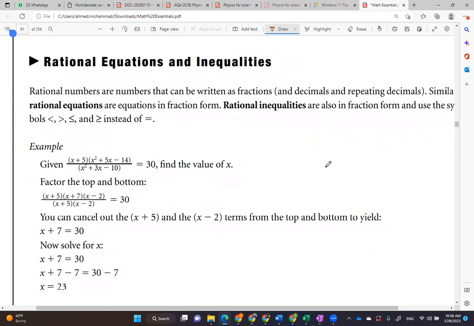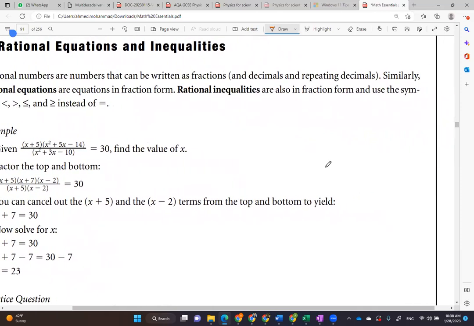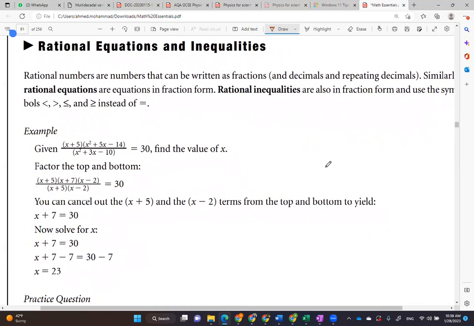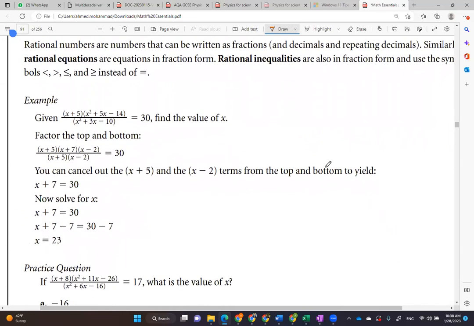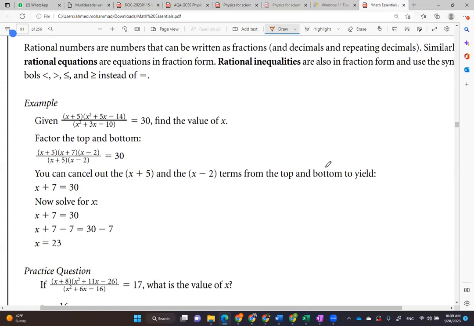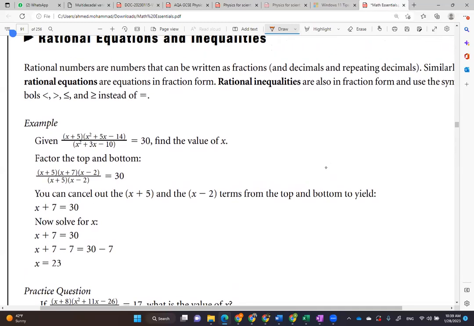Rational inequalities are also in fraction form and use the symbols less than, more than, less than or equal, or more than or equal instead of the equality sign. If you have a formula like this, from the SAT exam questions: (x plus 5) multiplied by (x squared plus 5x minus 15) divided by (x squared plus 3x minus 10) equals 30, we need the value of x.